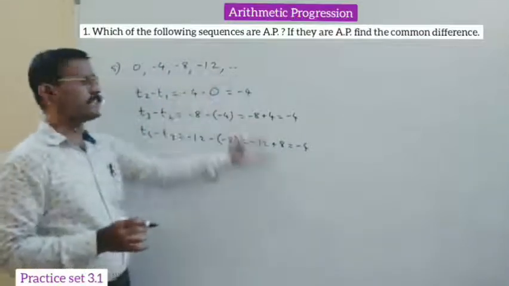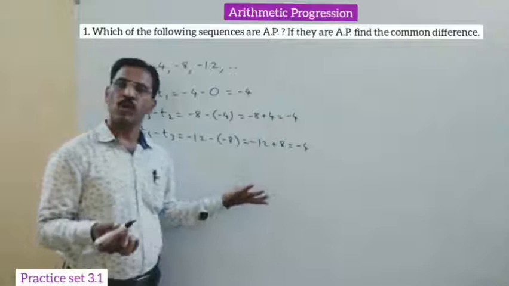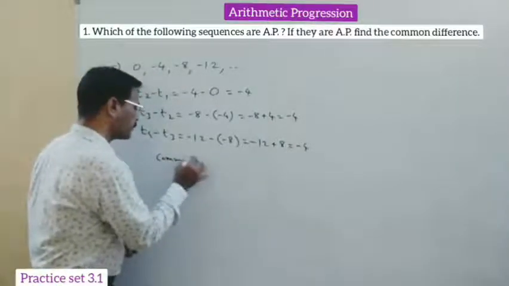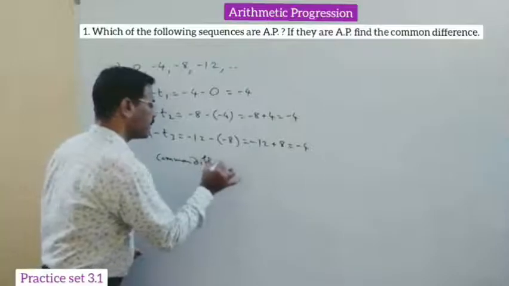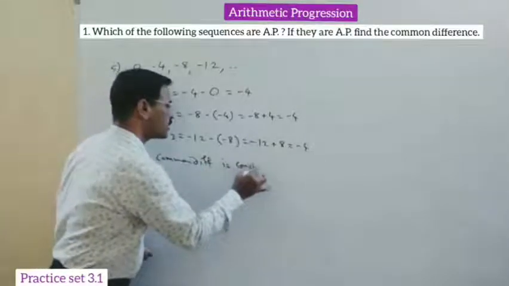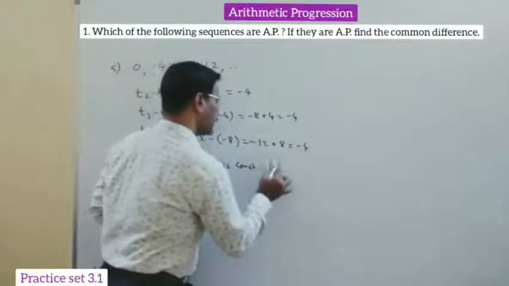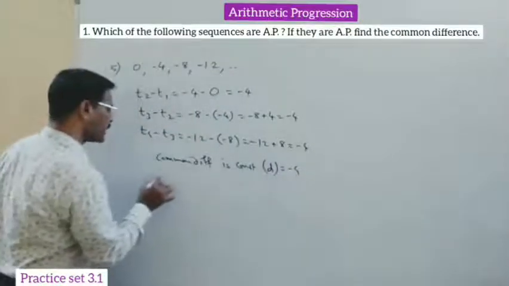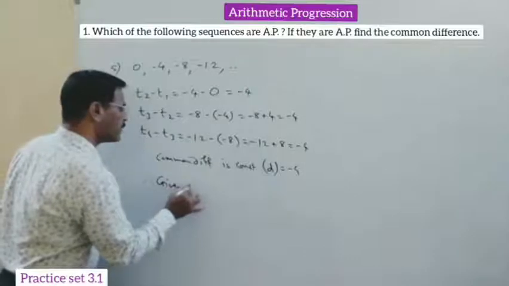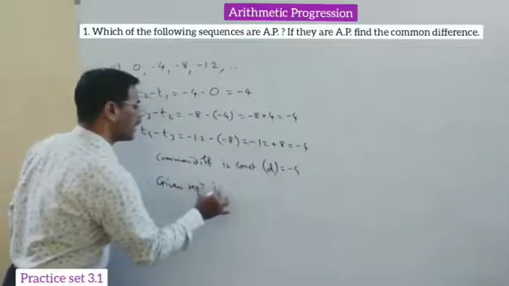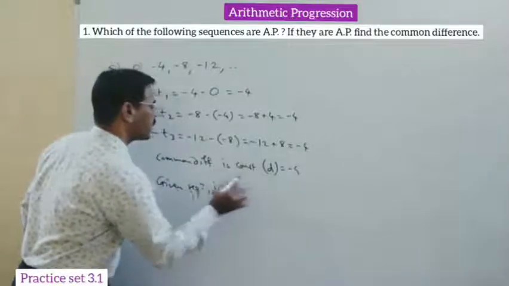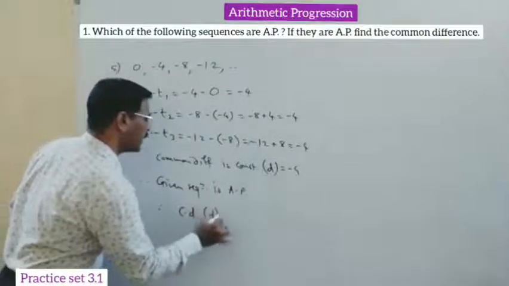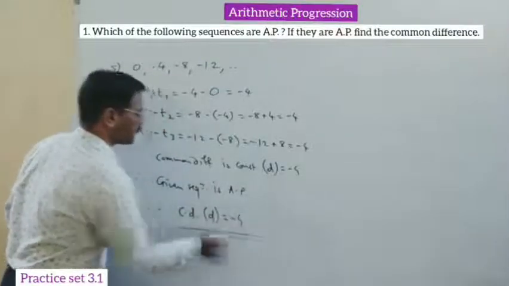Look here, every time we get the same common difference. So the common difference is constant, that is d equal to minus 4. So we can say here, the given sequence is an arithmetic progression. Therefore, the common difference d is minus 4.